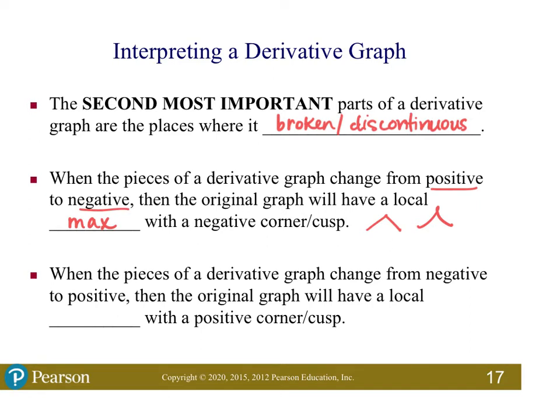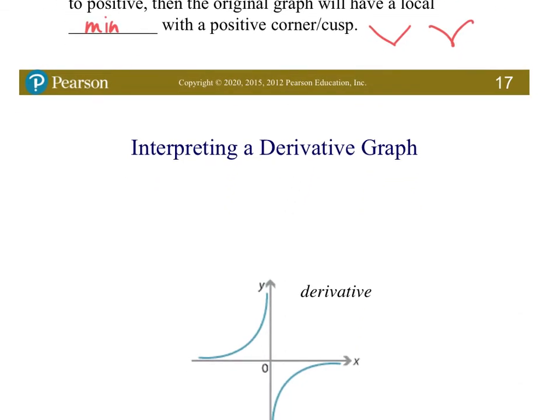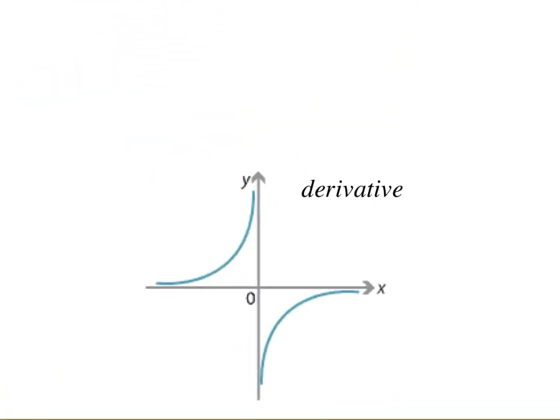When the pieces of the graph change from a negative to positive, then the original graph will have a local min with a positive corner or cusp. So maybe the corner looks like this. The corner is opening in a positive way, or the cusp is opening in a positive way, like that. So here's a graph that is broken.